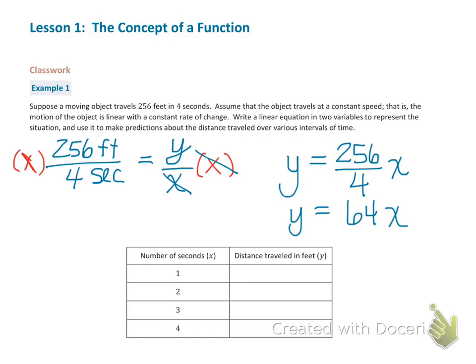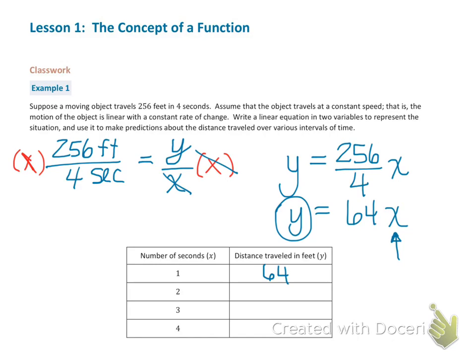So what does that mean? I know that I can put in any number for time, and this linear equation will give me the distance in y. So if I put in 1, then I will have gone 64 feet.